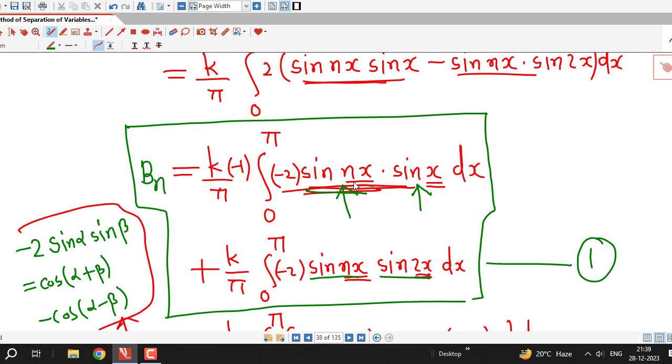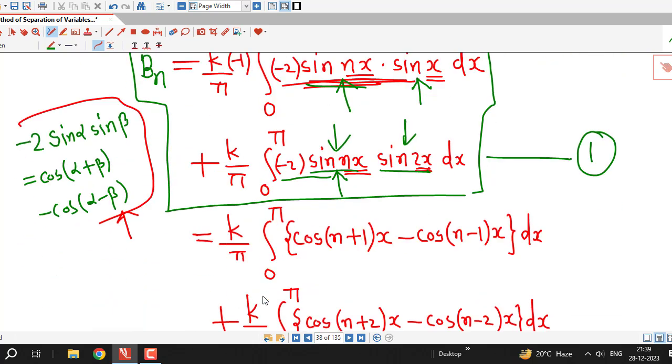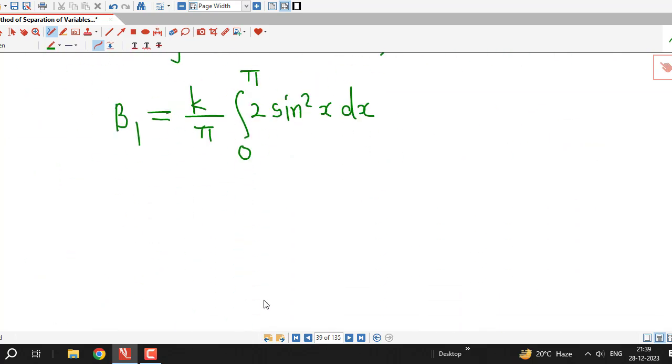I am taking n equal to 1 here, so I have sin x into sin x, that is sin square x, and minus 1 into minus 2 I am writing as 2 sin square x. And here, taking n equal to 1, I will have sin x into sin 2x into minus 2. So I will keep minus 2 as it is. Here I will use this formula minus 2ss. So this I will write as minus 2 sin 2x into sin x into k divided by pi.